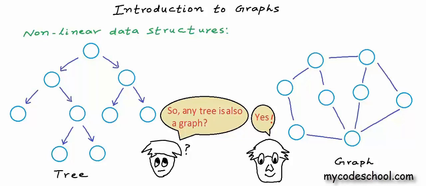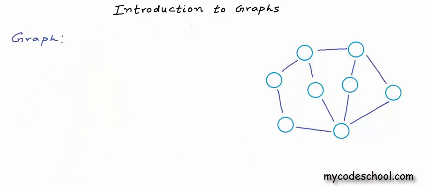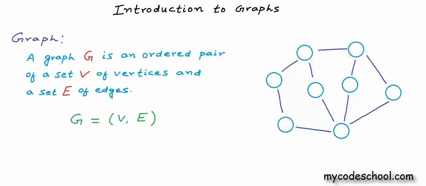In pure mathematical terms, we can define graph something like this. A graph G is an ordered pair of a set V of vertices and a set E of edges. Now I'm using some mathematical jargon here. An ordered pair is just a pair of mathematical objects in which the order of objects in the pair matters. This is how we write and represent an ordered pair: objects separated by comma put within parentheses.